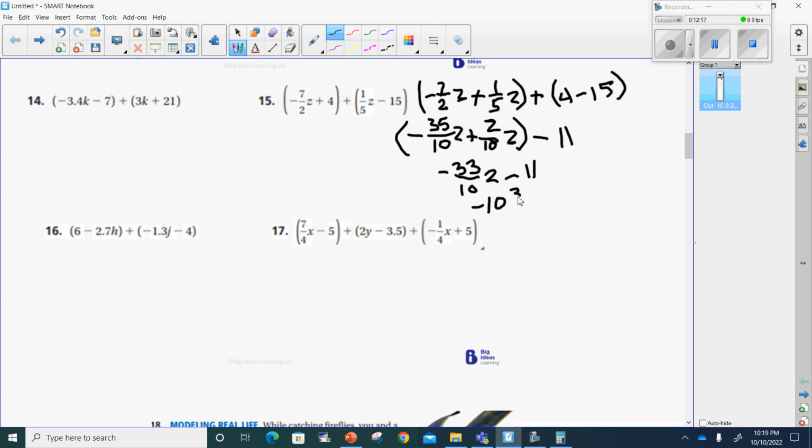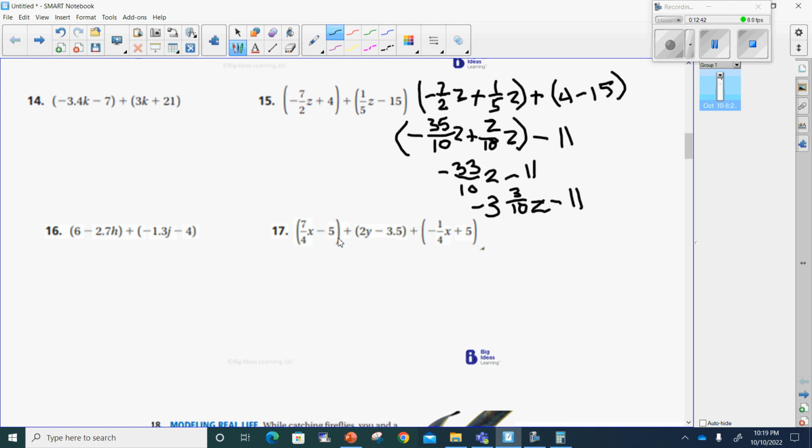I'm sorry, 10 goes in that 3 times, not 10 times. I don't know what I was thinking there. So it'd be negative 3 and 3 over 10 z minus 11.